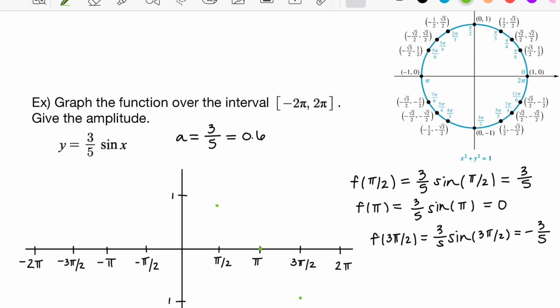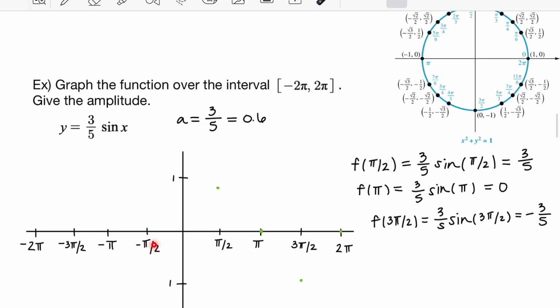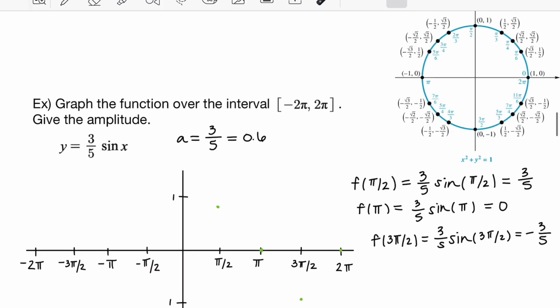Repeating this process, we'll see that at 2 pi, our y value is going to be 0, so that's another x-intercept. At minus pi over 2 here, we start at 1, 0, and we go minus pi over 2. That's the same as 3 pi over 2 here.